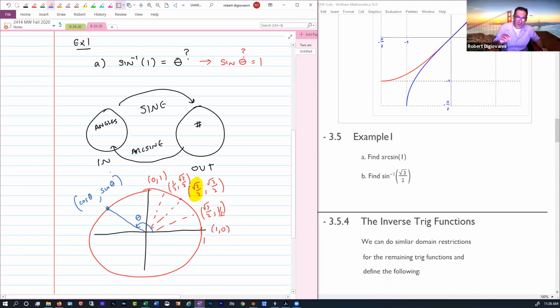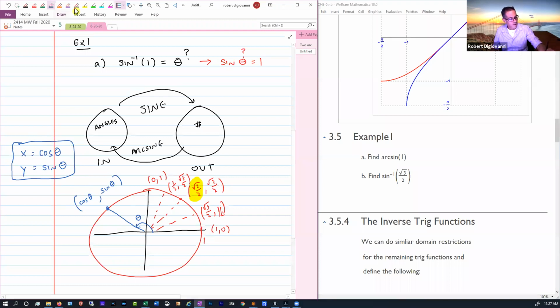The x coordinate is always the cosine of the angle that you're at, and the y coordinate is always the sine of the angle that you're at. That's the main connection you have to have here: x is always equal to cosine theta, and y is always equal to sine theta. Those are the big formulas that you need to know.